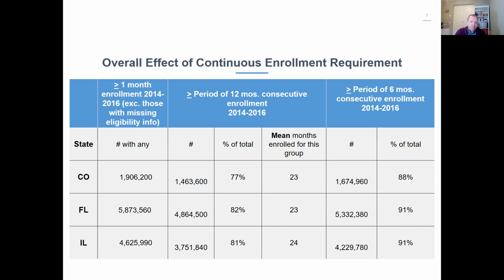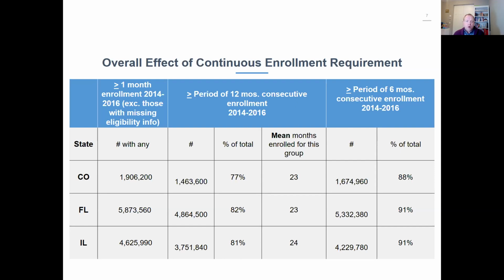Starting with the farthest left column, to look at the overall effect, we're looking at people who had at least 1 month of enrollment between 2014 and 2016, including 2014. We are excluding from this analysis anybody who has missing eligibility information, which, as you saw, does happen. But you get 1.9, 5.8, and 4.6 million people with at least 1 month over that period.